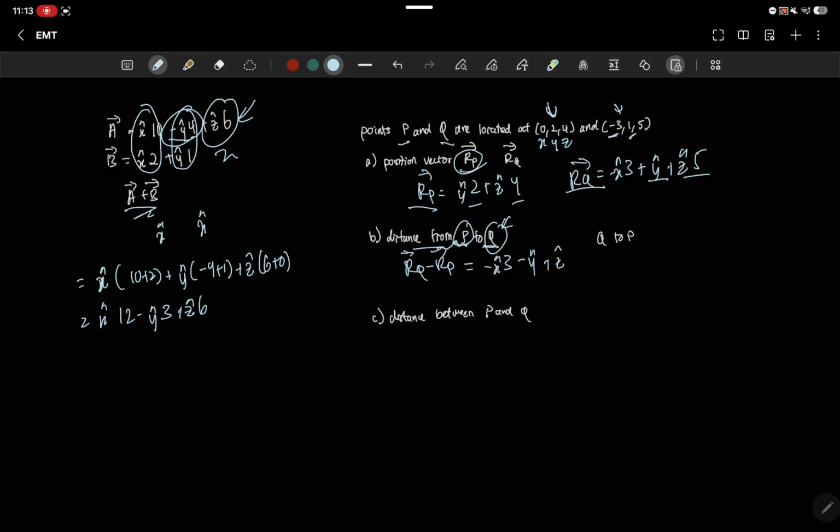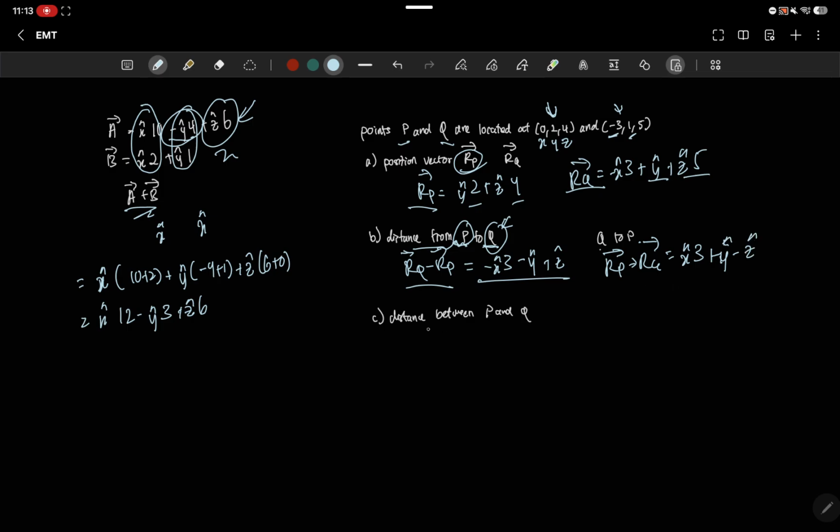This is the answer. Now if it is Q to P, we have RP minus RQ, the other way around, or you just invert this and you'll get the answer. If you invert, you'll get x hat 3 plus y hat minus z hat.